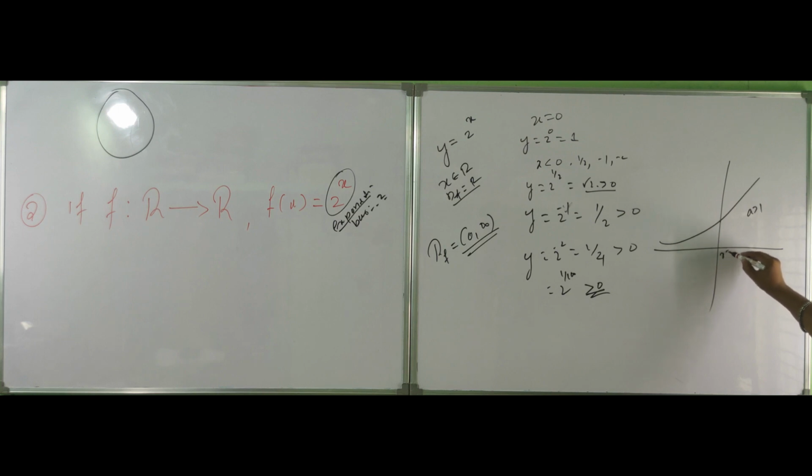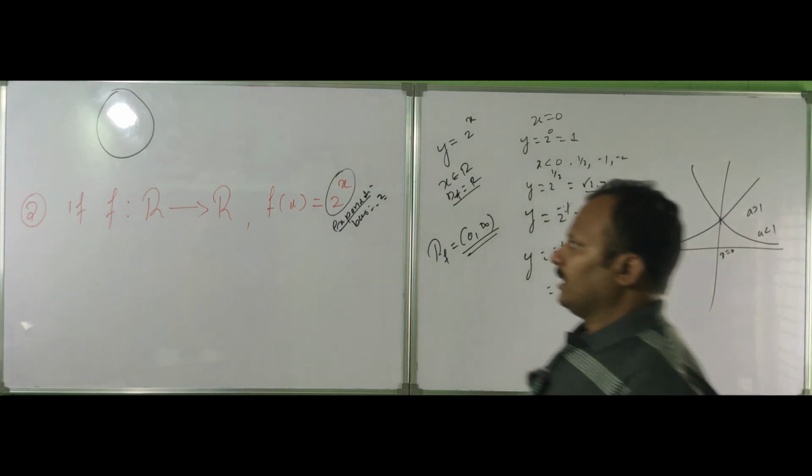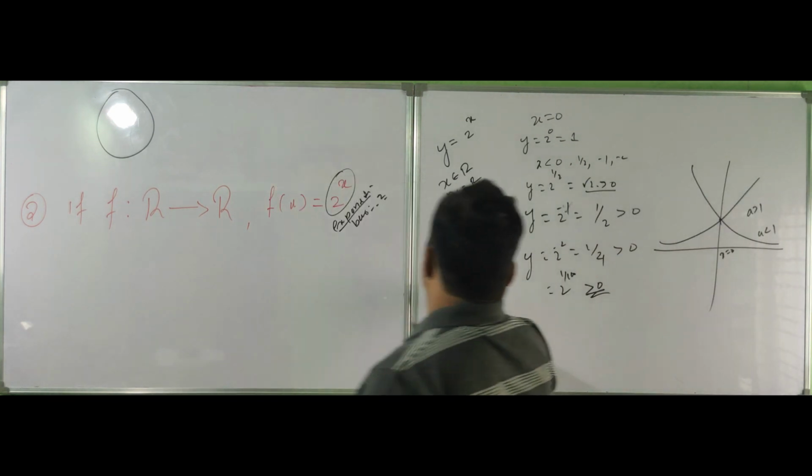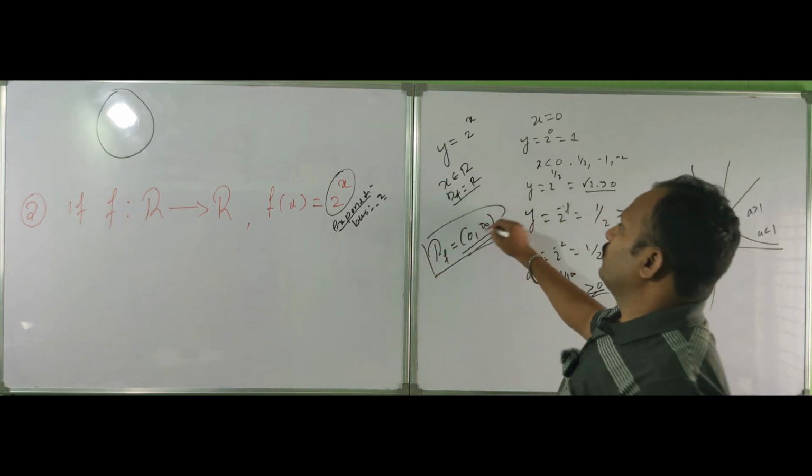At x equal to 0 it is constant. For a less than 1, the values of y decrease. Let it be: range is 0 to infinity and domain is R.